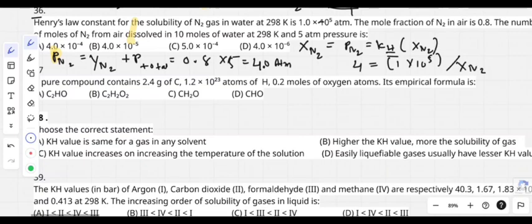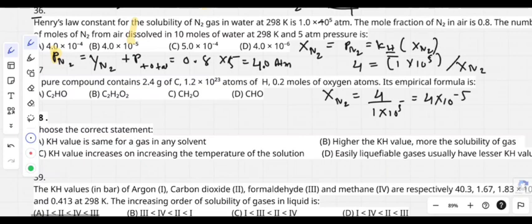Therefore, the mole fraction of nitrogen is equal to 4 divided by 1 into 10 raised to 5. So the answer is 4 into 10 raised to minus 5.